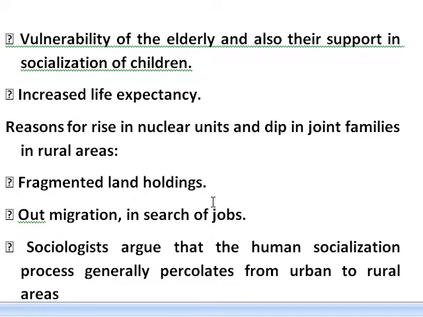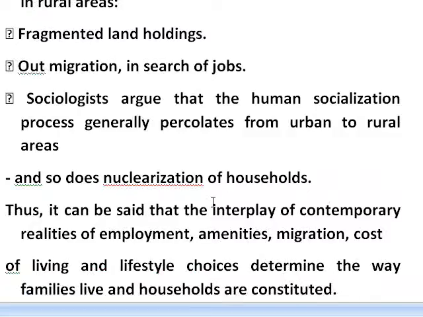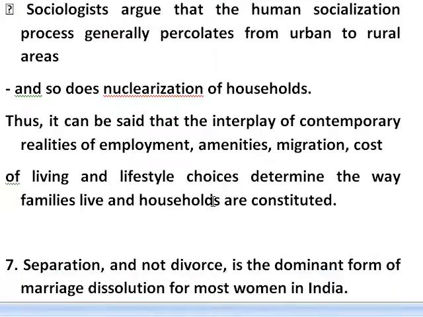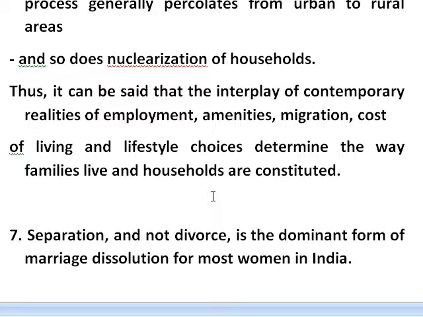Reasons for rise of nuclear units and decline in joint families in rural areas: fragmented land holding and out-migration in search of jobs. Sociologists argue that the process of socialization generally percolates from urban to rural areas, and so does nuclearization of households.